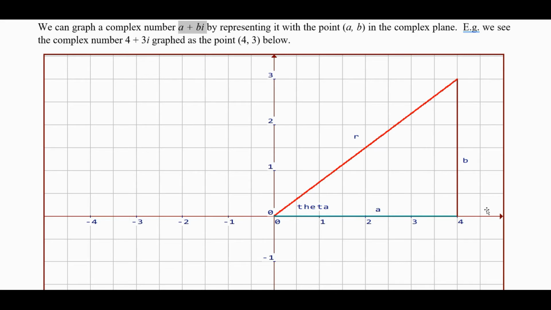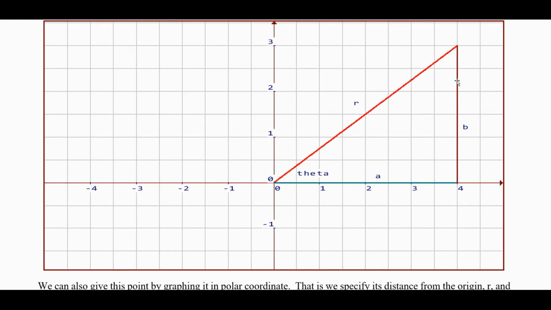But then if you have numbers that are not real or imaginary, but they're complex, they're points in the plane. So the number right up here at the point 4,3 is 4 plus 3i. So in that way we can graph them. And so notice we have a nice little Pythagorean relationship on this right triangle.